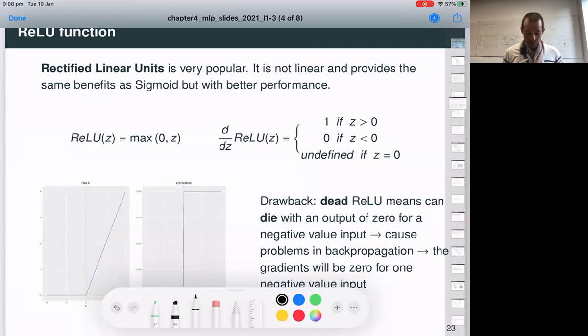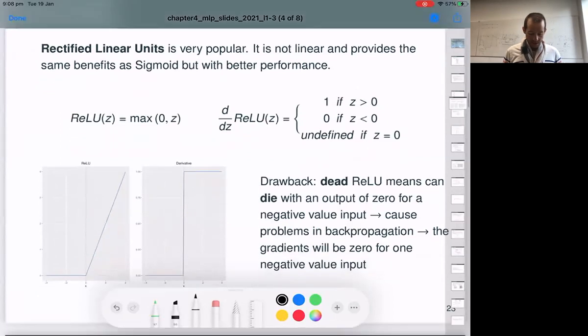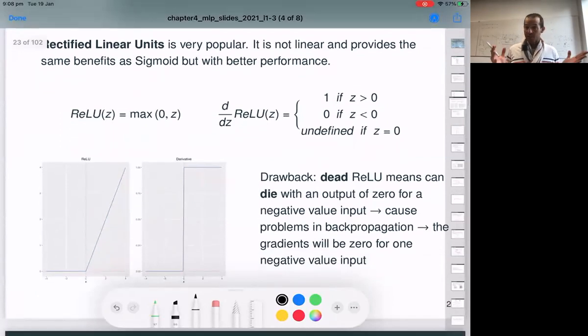ReLU, so it's a rectified linear unit. How it looks is 0 for negative values, so no activation. If your linear combination arrives in a neuron and gives a negative value, your neuron doesn't activate. And if it's positive, it is activated with the linear identity.